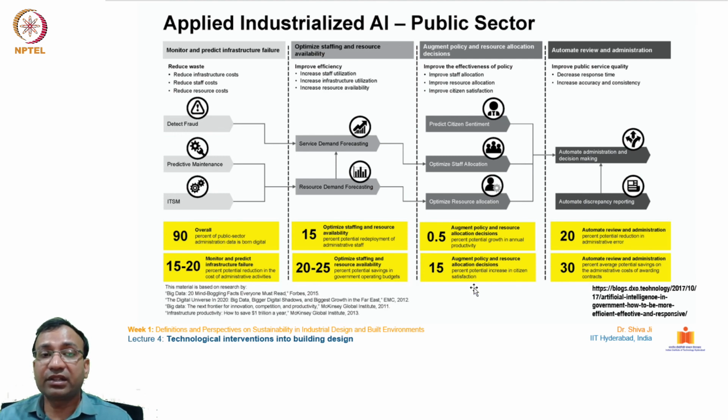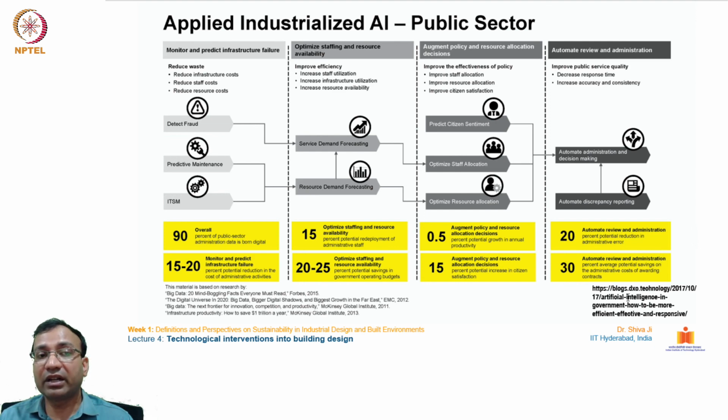Next, a 15% potential increase in citizen satisfaction level is possible with these improved, transparent processes when public interaction is concerned. Finally, in the fourth column, a 20% potential reduction in administration error is also possible, avoiding such errors and mistakes.